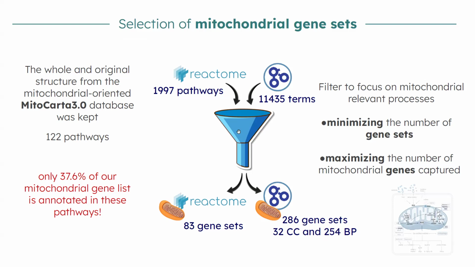So at the end of the filtering, we obtained 83 gene sets from Reactome and 286 gene sets from gene ontology. I'm not using anymore the words pathways and terms because we are not taking the entire pathways. As I said before, from an entire pathway, we're just taking the mitochondrial part. So I'm calling them now just gene sets.